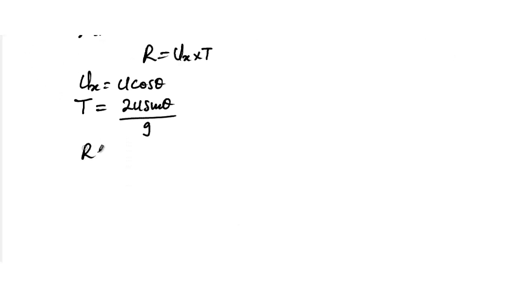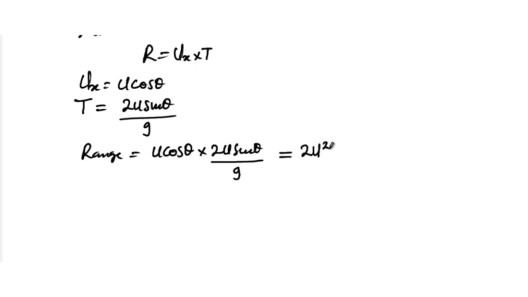We can say that range will now be equal to u subscript x, that is u cos theta, multiplied by 2u sine theta, then divided by g. If we open this, u times u will give us 2u square sine theta cos theta divided by g.